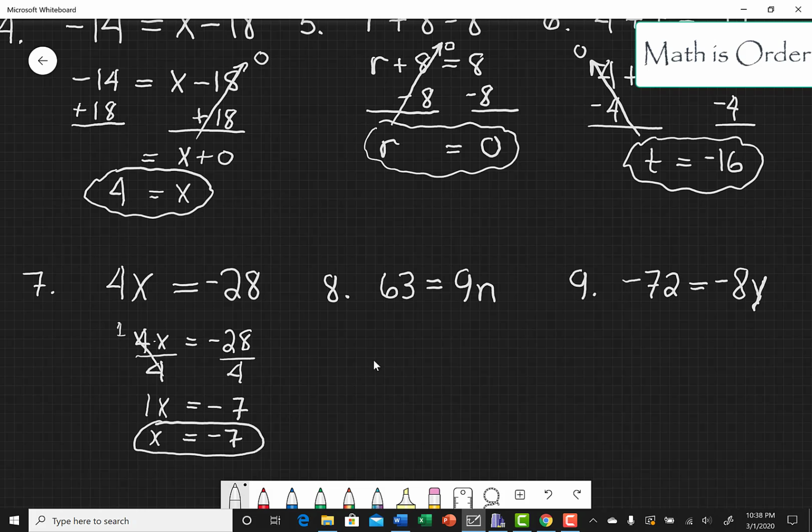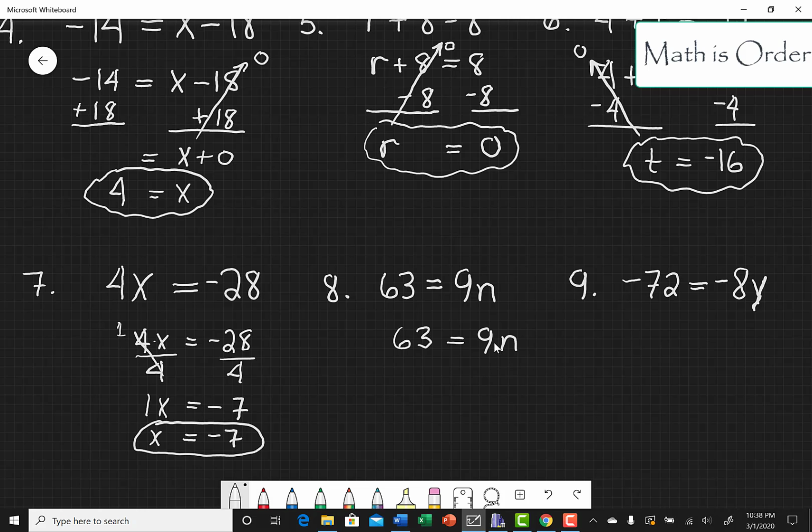All right, moving on to number 8. Here again, we have to isolate the variable. This time, we have to remove 9. If we can get rid of that 9, we'll have the variable n all by itself. Now, how to make that number 9 go away?